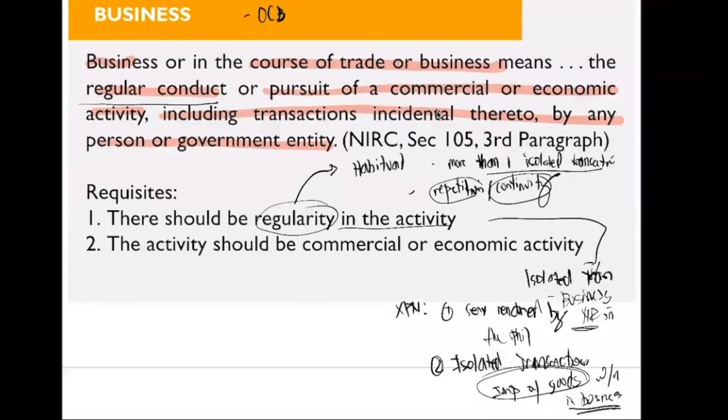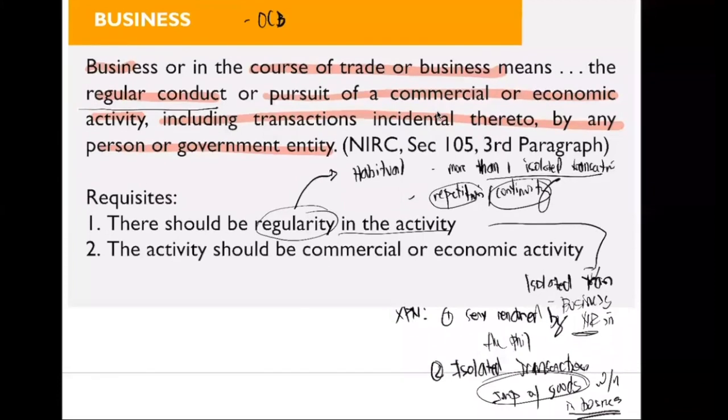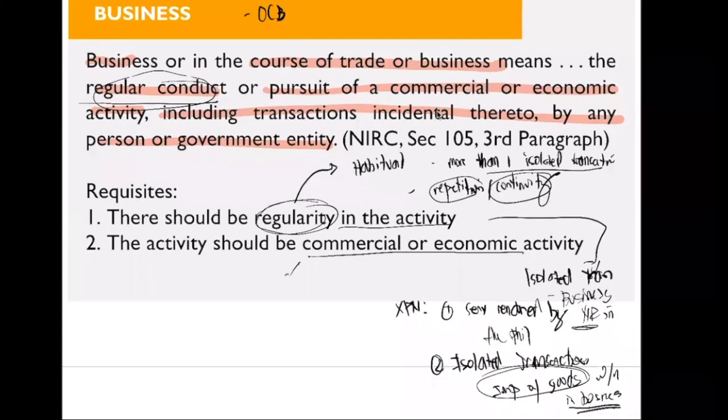So that's one requisite of your business: regular conduct, or regularity, habituality, or continuity. Another requisite is that the activity should be a commercial or economic activity. So what do we mean by commercial or economic activity?